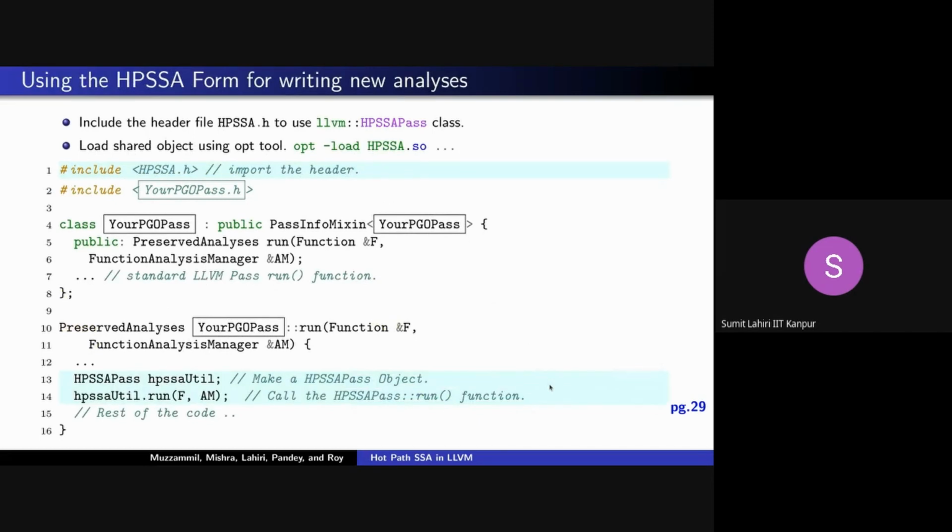Writing a new pass using HPSSA is easy. You include our header, call our util to run on the function, and it will give you the function back in HPSSA form. Now that you have the HPSSA form available, you can write your own pass on top of it.